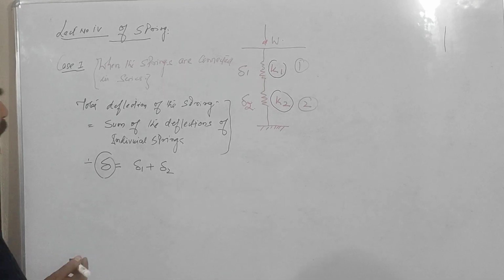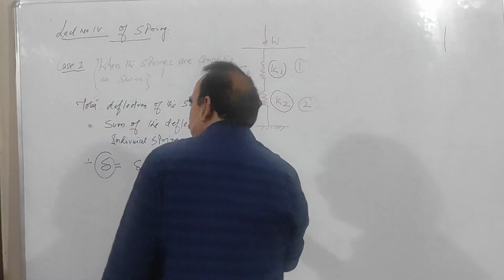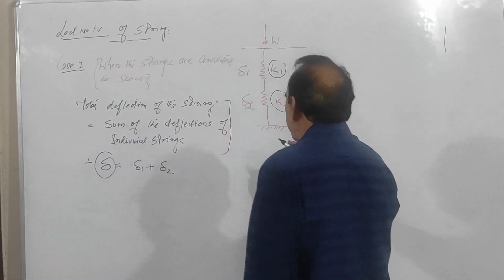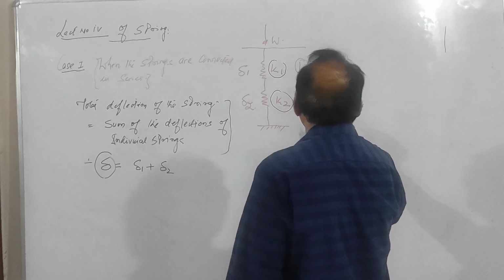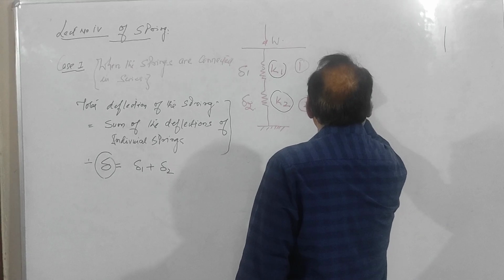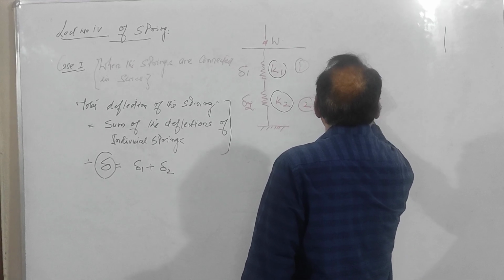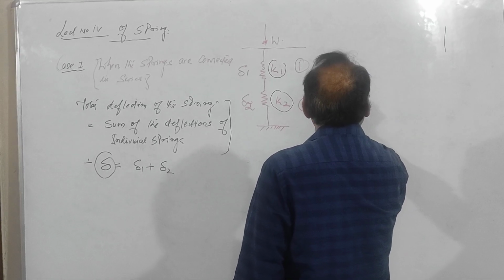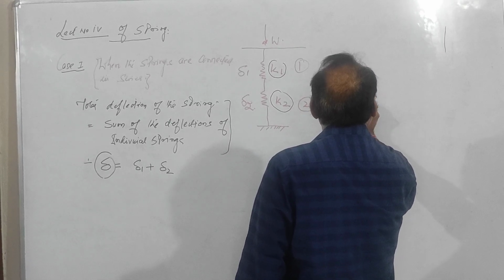And you know, spring stiffness K is equal to W upon delta.